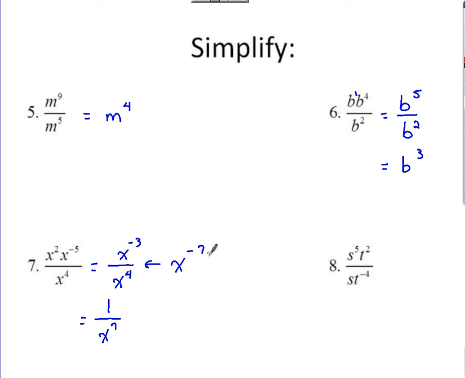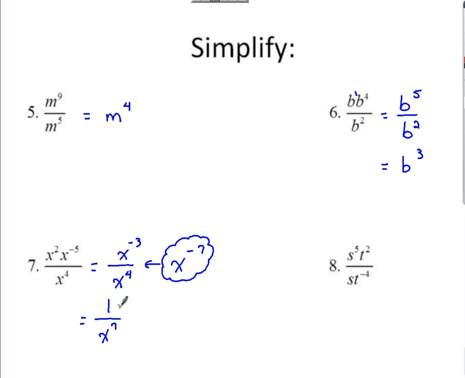Well, then I'd have to use my negative exponent rule. And that negative exponent rule is, take what you got here, bump that down to the bottom, make a positive power, put a 1 on top. So either way, you get your answer.